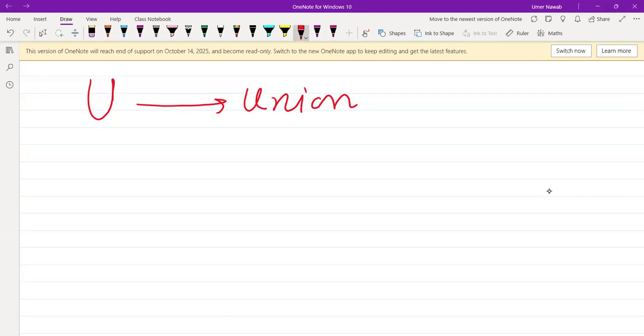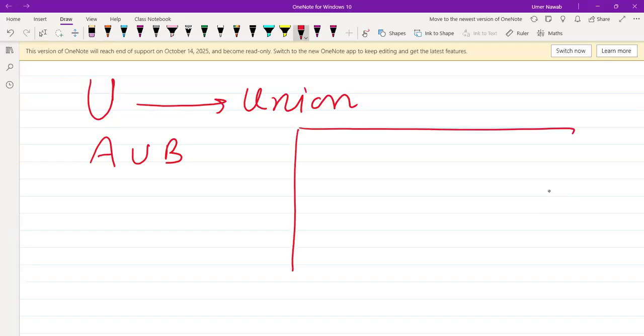So the first thing is A union B. When I use this phrase A union B, it tells me I need to take complete A and complete B. Let me show you a diagram.